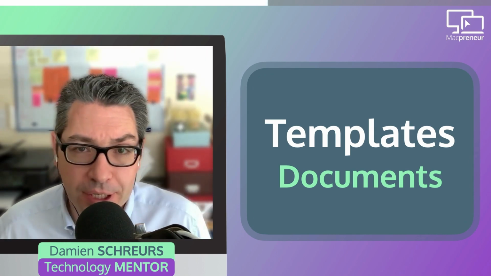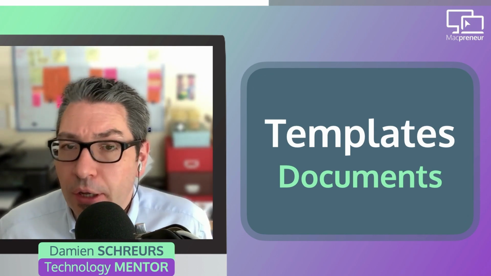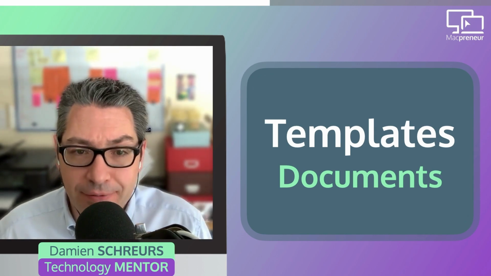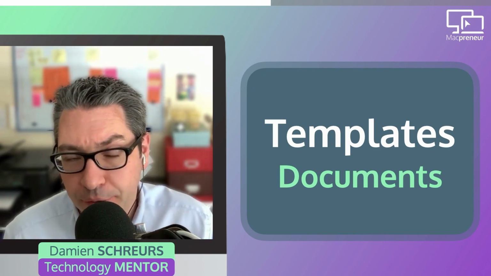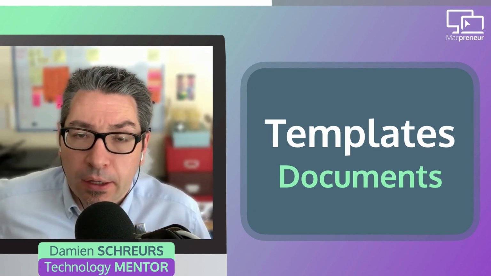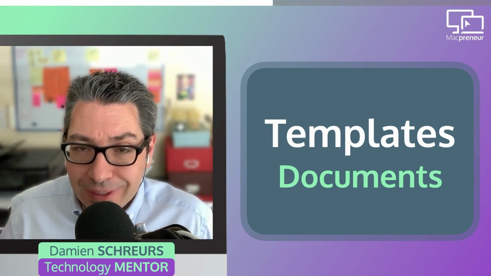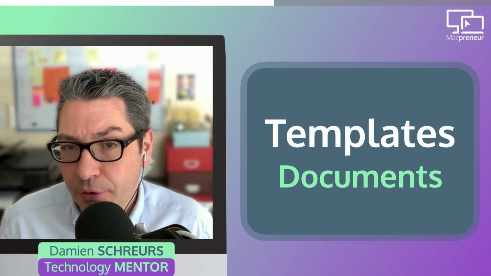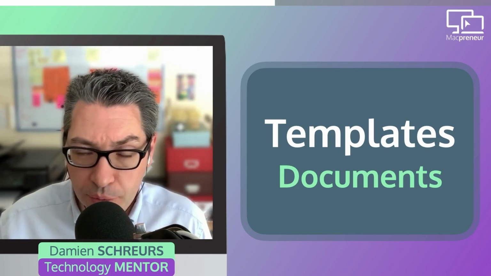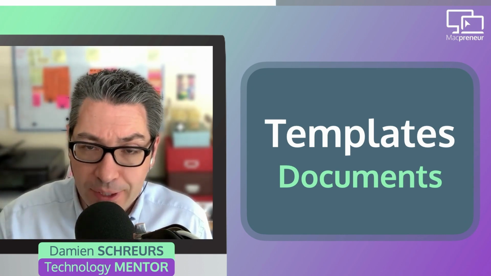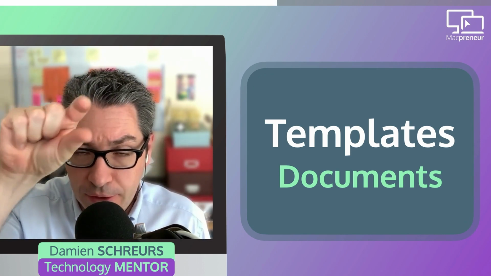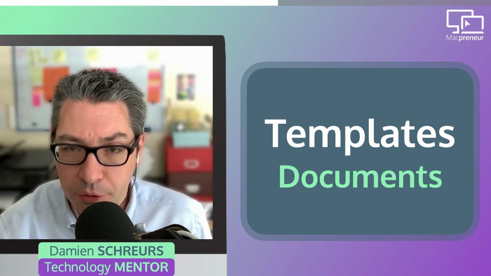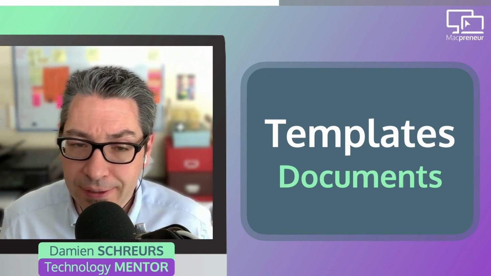If you use Pages or Numbers, you have a File, Save As template. So you can prepare your document, save it as a template, and then the next time you want to reuse the template, you do New Document from Template, and you will see your template. At the very bottom, you have your own templates that are available.